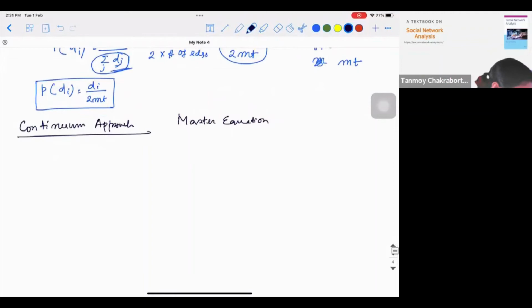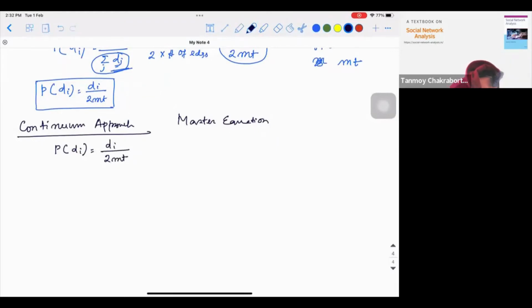In the continuum approach, let's start with this: the probability that a node with degree di will be attached to an incoming edge is di by 2mt.